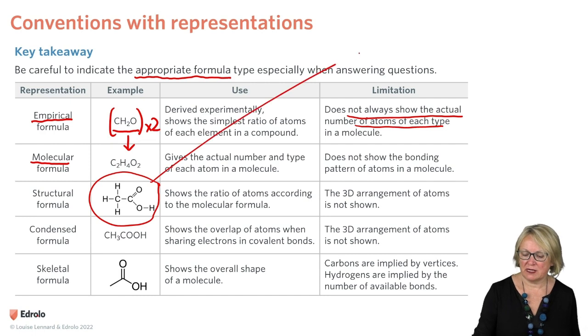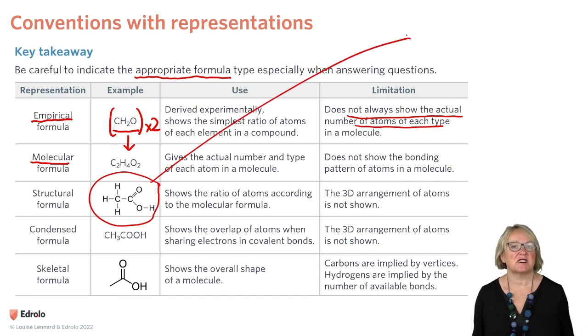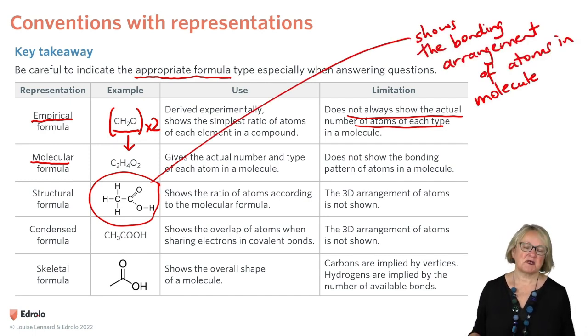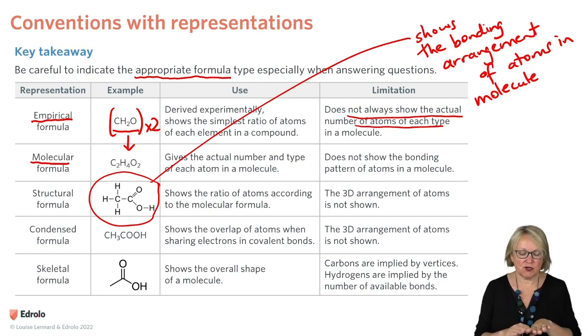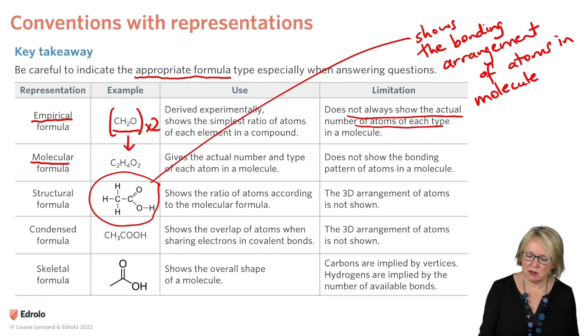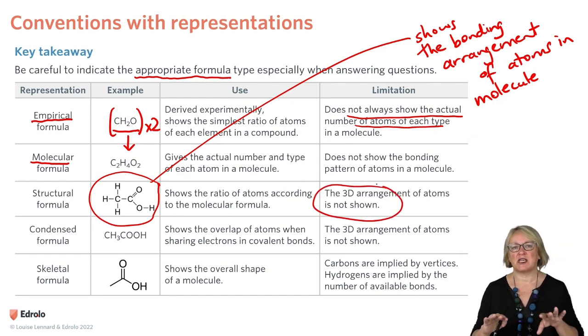The structural formula shows how each atom is bonded to another, the bonding arrangement of the atoms in the molecule. But because this is drawn on paper, it's two-dimensional, and one of the problems is it's not showing the three-dimensional arrangement, which we could show if we used a ball and stick model or some other model.